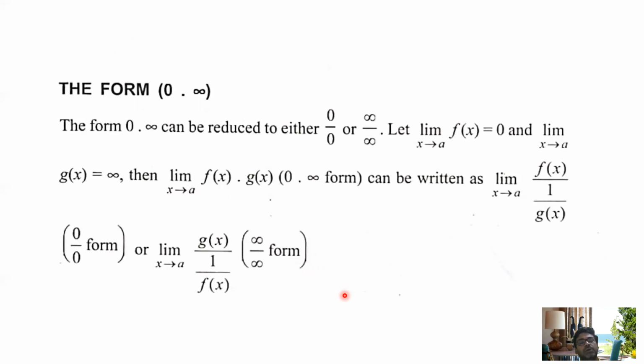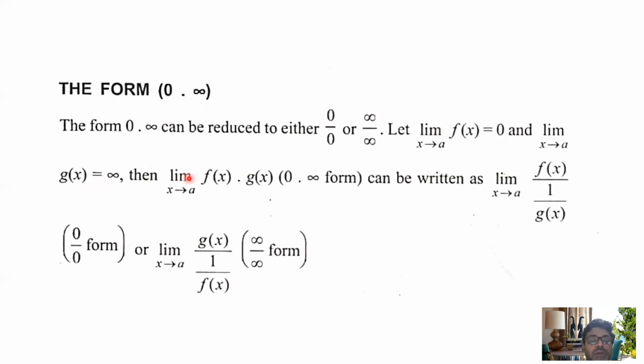Another form of indeterminate form is 0 into infinity form. If you have any problem with 0 into infinity form, then you have to reduce it either to 0 by 0 form or infinity by infinity form. Let limit x tends to a f(x) equals 0 and limit x tends to a g(x) equals infinity.